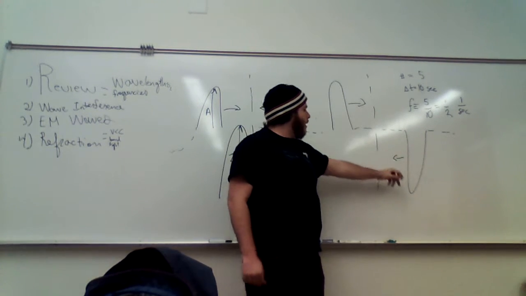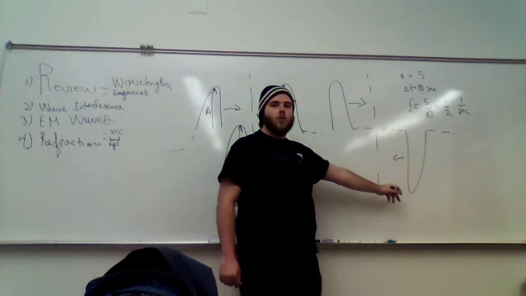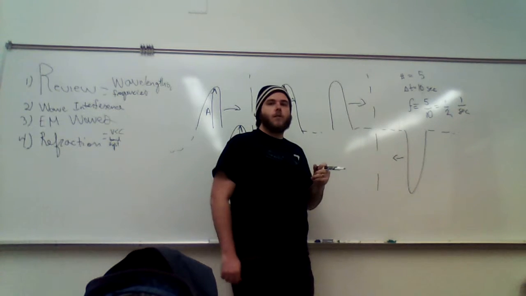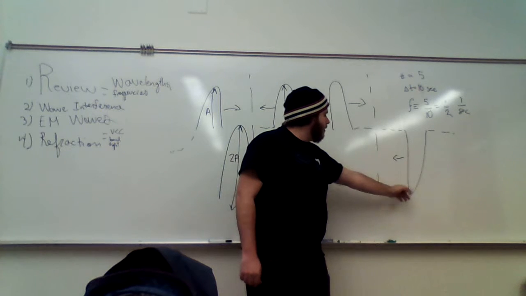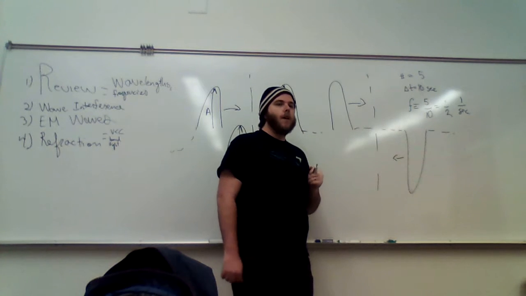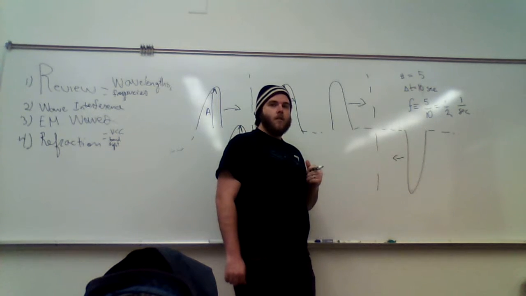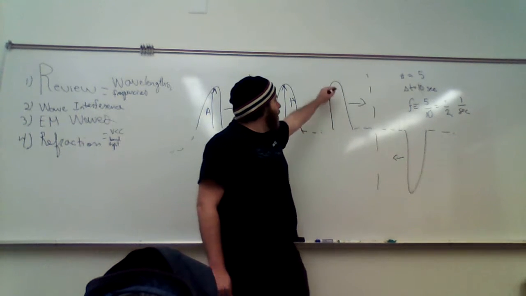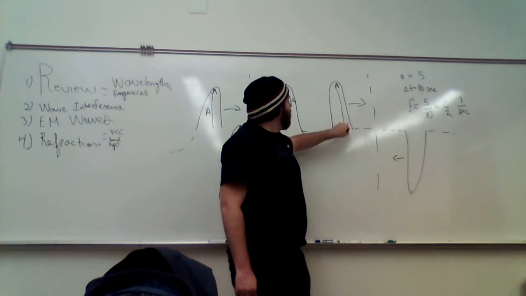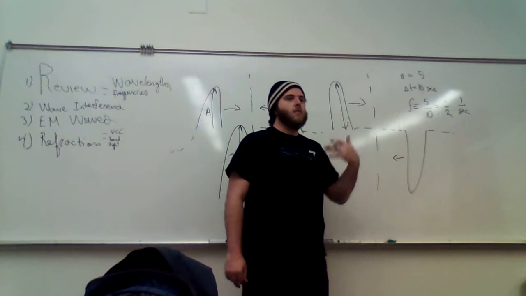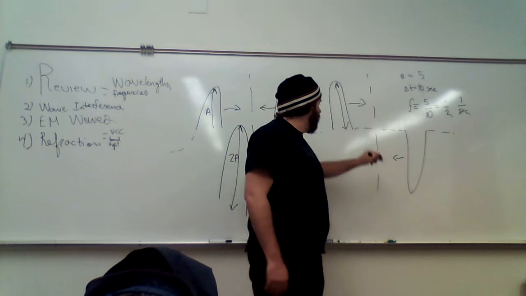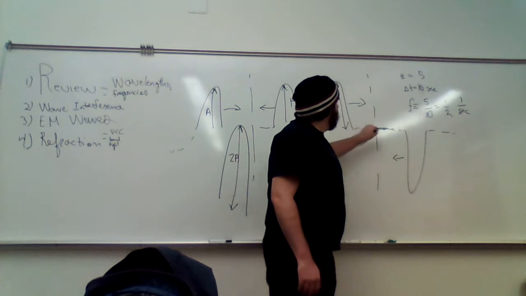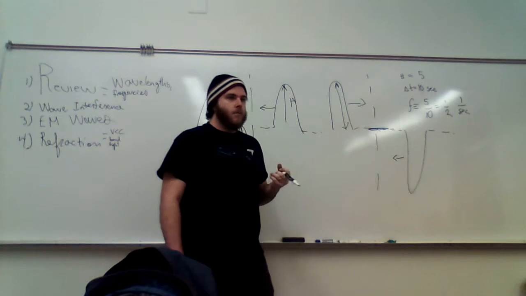But this time, this wave has a crest down, and this one has a crest at the top, so that a trough is essentially meeting a crest. What happens then? Yeah, they cancel each other. So if they both have the same amplitude A, again, A minus A is 0. So they'll cancel each other out.